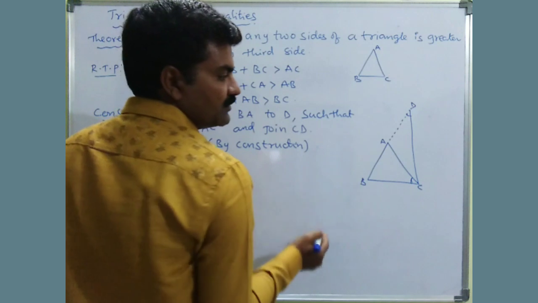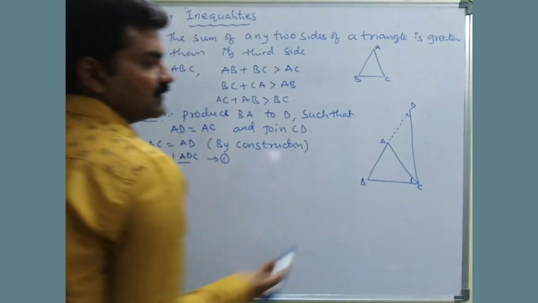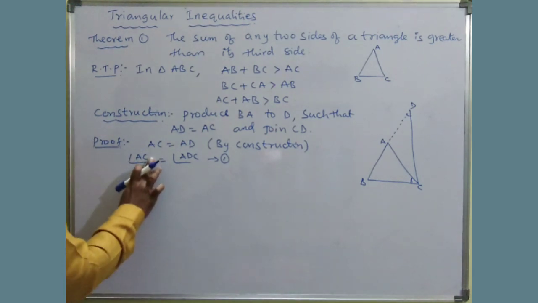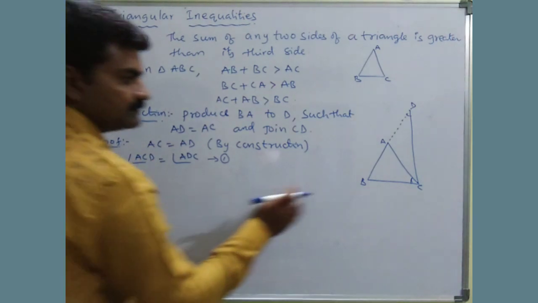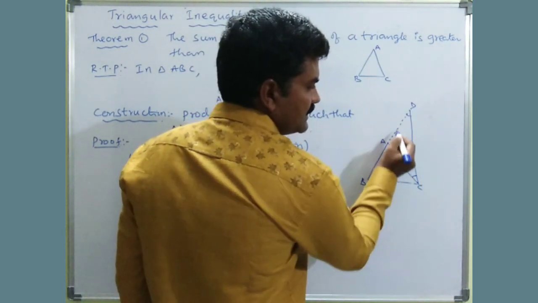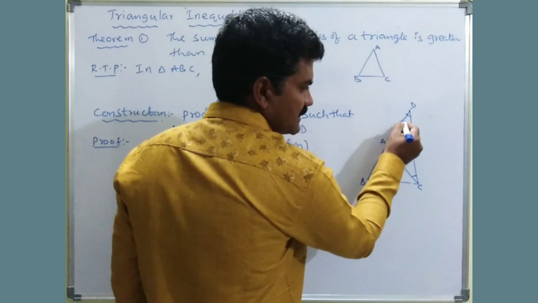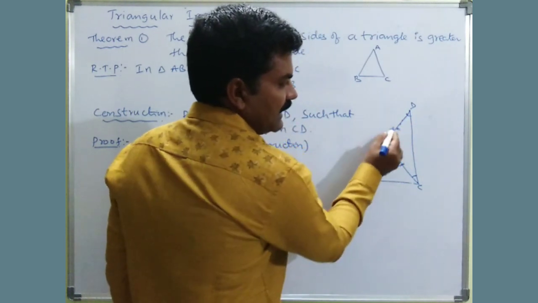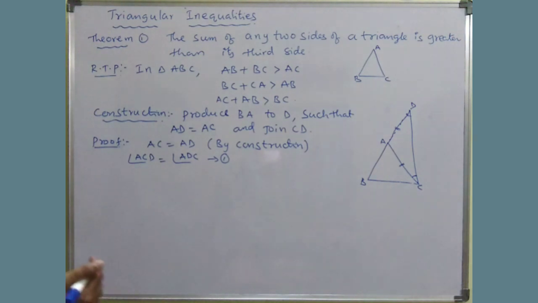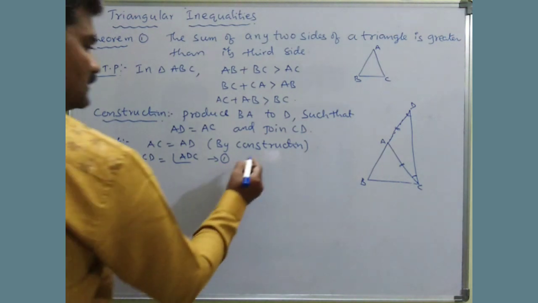Because just now we proved, ACD, this is not B, ACD, this angle. Because this side is equal to this side, and just now we proved that the angles opposite to equal sides are also equal.